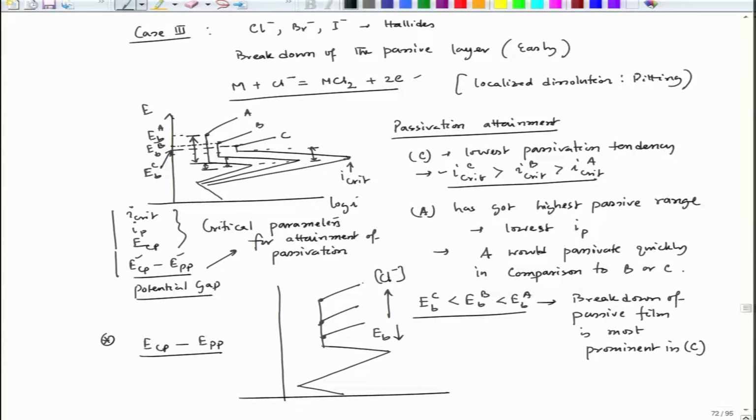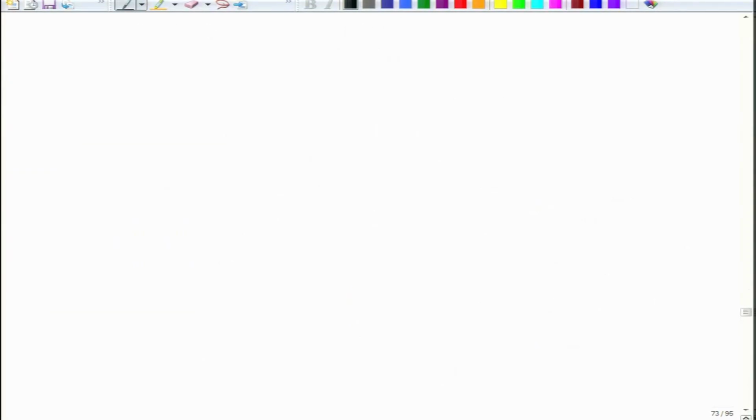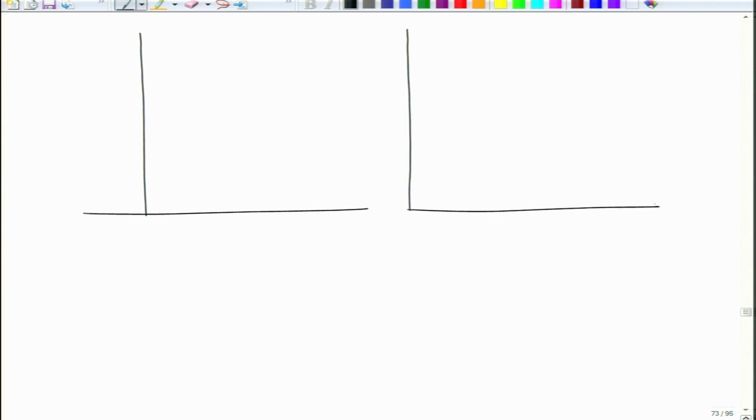So, in order to do that, let us get to a simplistic situation, if we consider two situations. This is E volt, this is log I. Now, if the anodic polarization plot looks like this, and let us say we are not talking about oxygen evolution, rather we are talking about the transpassive region.